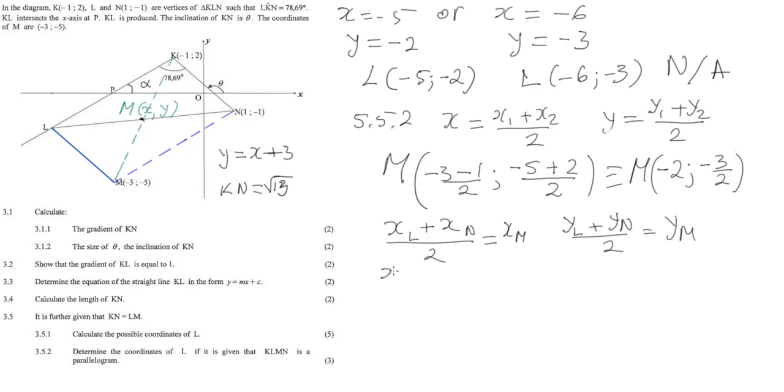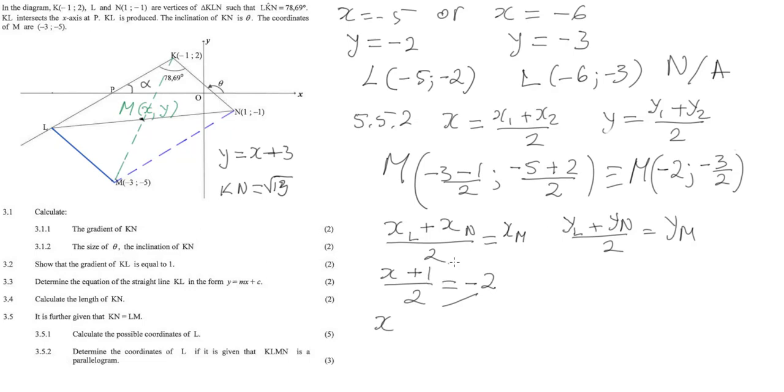Let's just call it x of N. It's minus 2, or of N it's plus 1, divided by 2, equal to x of M. What is x of M? It's minus 2. If we cross multiply, it's going to be minus 4.